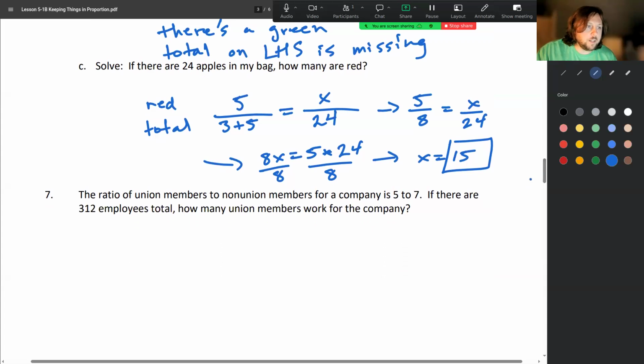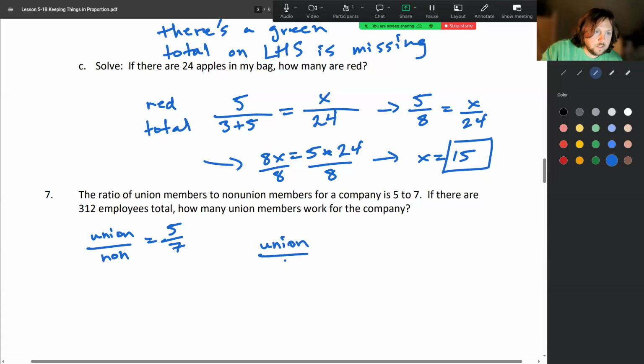Okay. The ratio of union members to non-union members for a company is 5 to 7. If there are 312 employees total, how many union members work for the company? So they gave us union to non-union. So that's 5/7. They want to know, so how many union members work for the company? So we could do union to total.